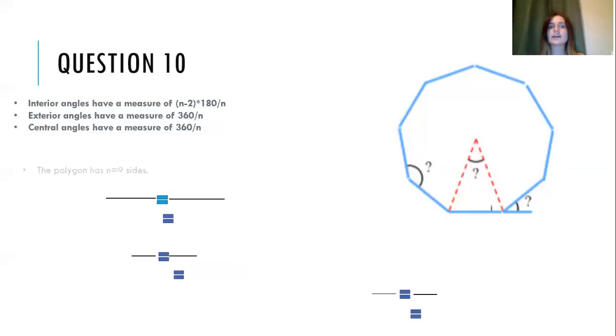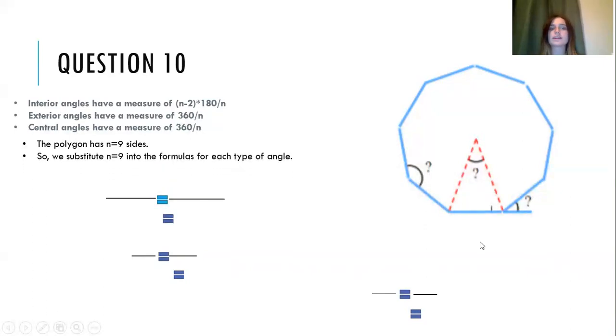So n is actually equal to the number of sides of our polygon, and if you count, we have 9 sides. So we have to substitute 9 into the formulas for each type of angle.